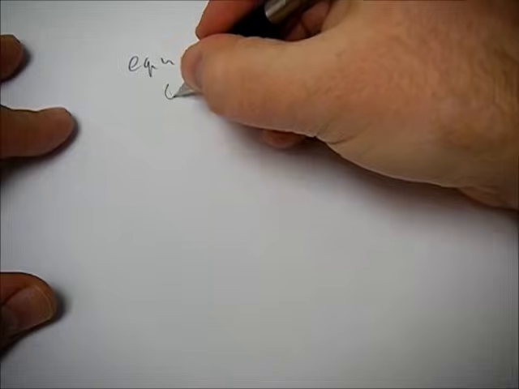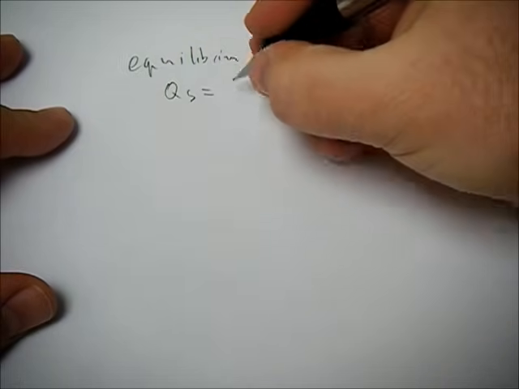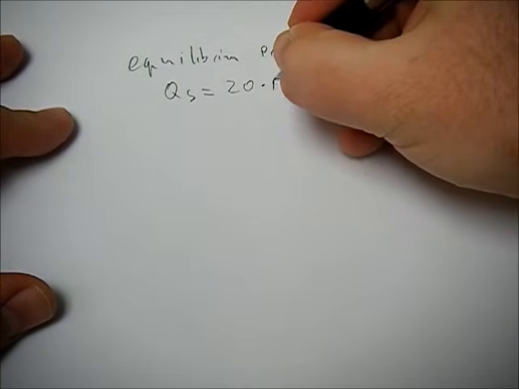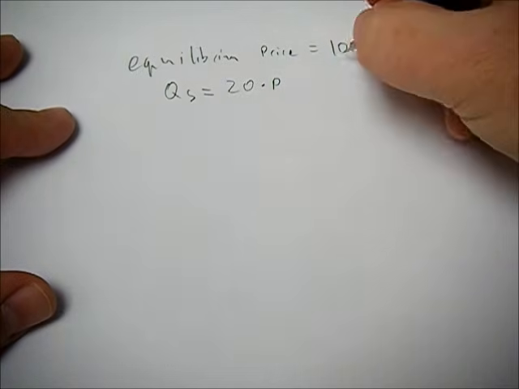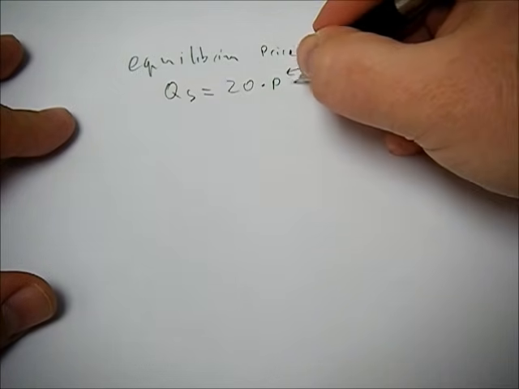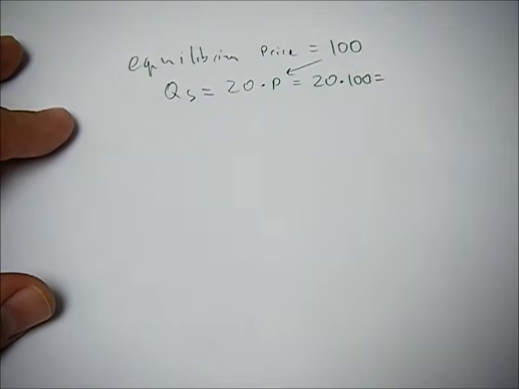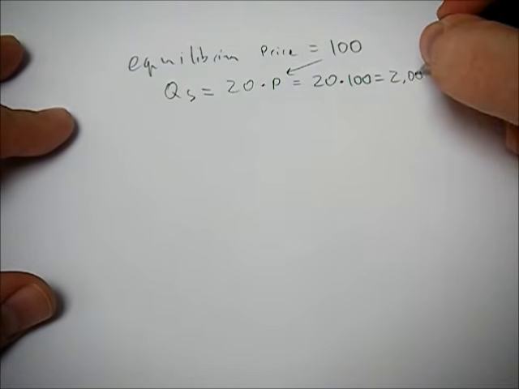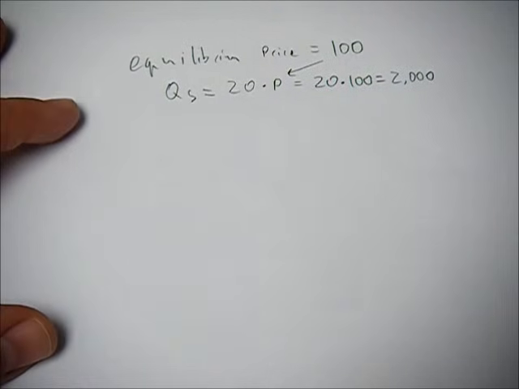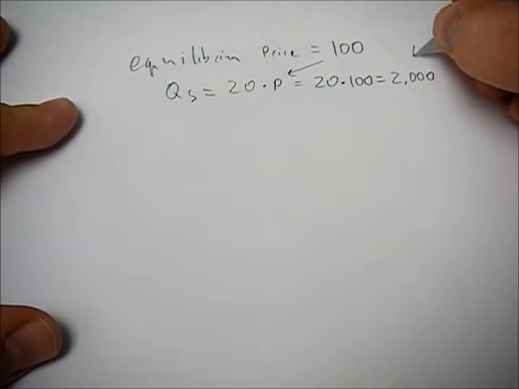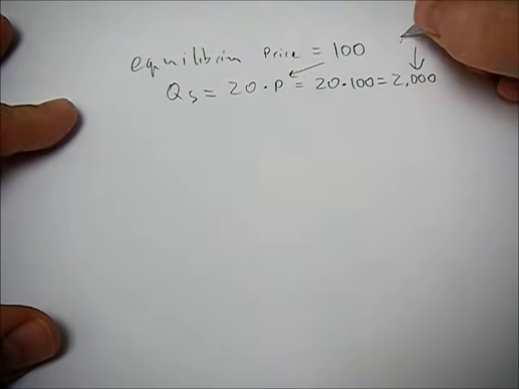Our supply function equals 20 times p. So if we plug in our equilibrium price, we get 20 times 100, and 20 times 100 is 2,000. So our equilibrium quantity should be 2,000.